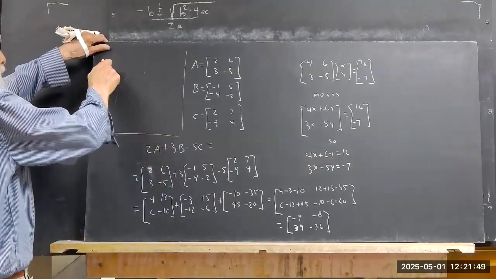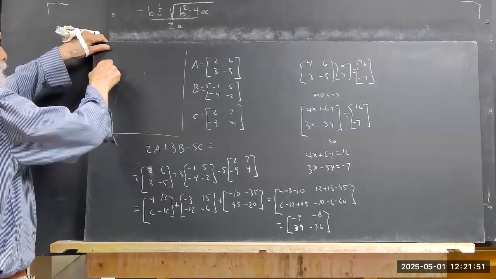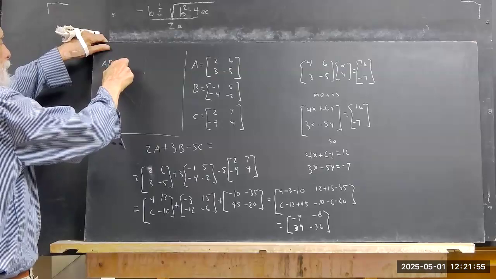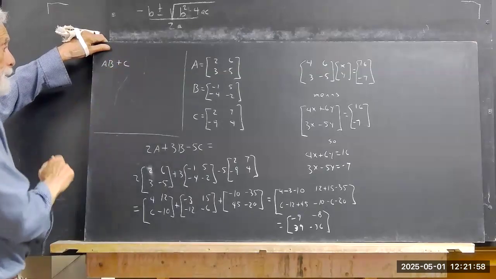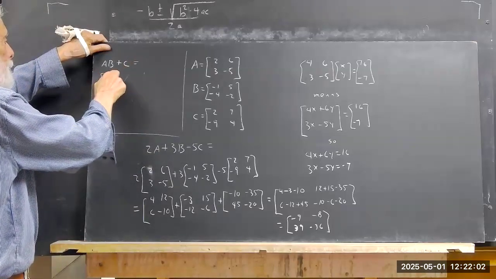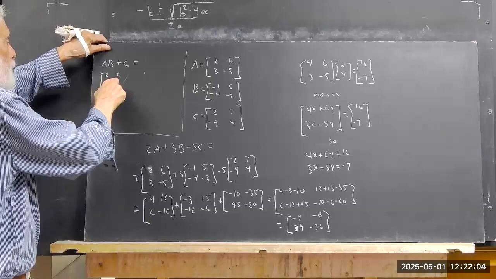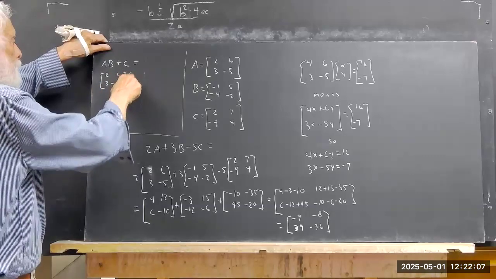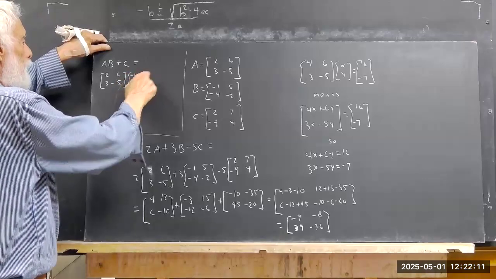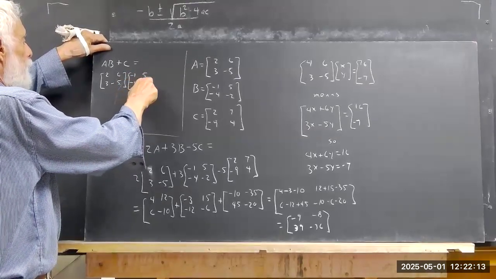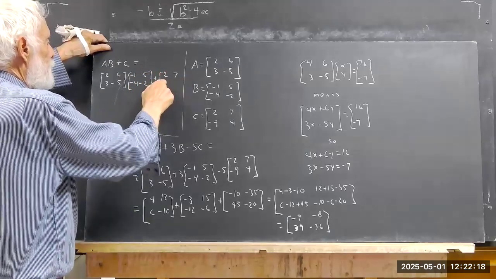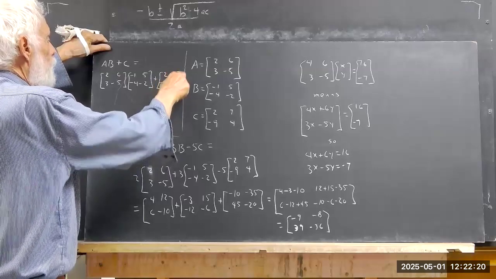Then you might also be asked to calculate AB plus C. What's that equal? 2, 6, -3, -5, multiplied by -1, 5, -4, -2, plus 2, 7, -9, 4.